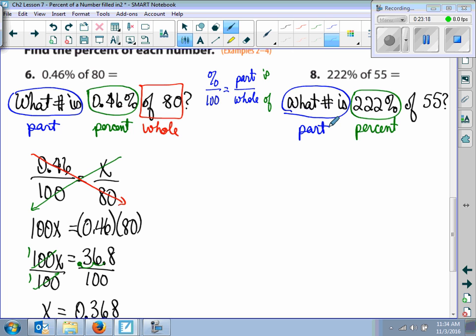The is, you see what it says right here? Is the part, right? That's what we're solving for. That's going to be our x. Is everybody with me? All right. And then finally, we're going to identify our of number, which is the 65, which is the whole. Very good. So here is the whole.